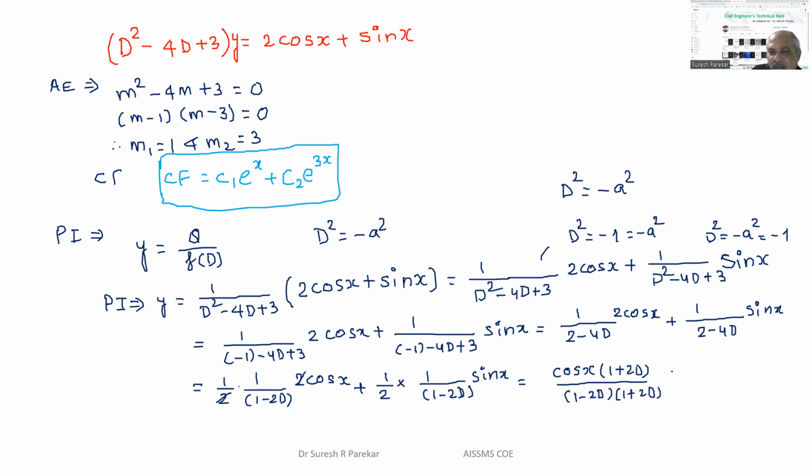And the same we have for sin x also, plus we have 1 plus 2d. Always write it before sin or cos x, divided by 1 minus 2d into 1 plus 2d. And we have 1 minus 4d square.